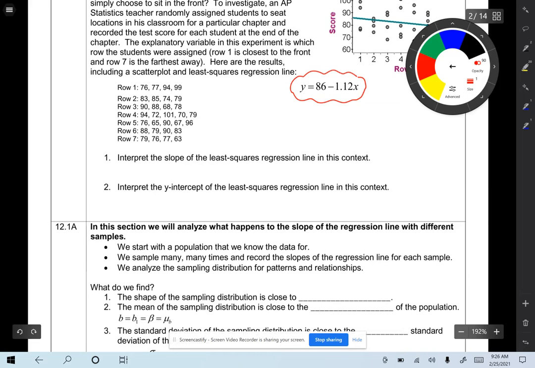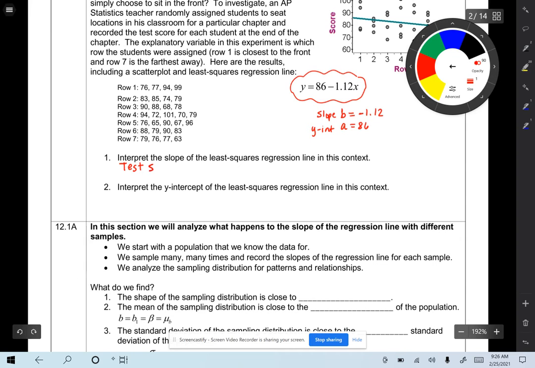So the slope, it's a negative slope. So b is negative 1.12 and a is 86. So this is our slope. This is our y-intercept. Okay, so test scores, and the slope is negative, so decrease.